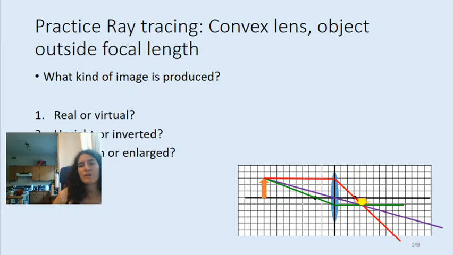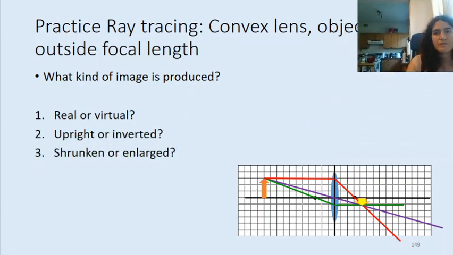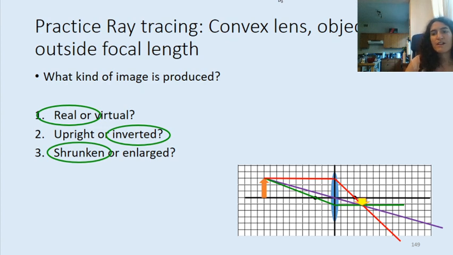Okay, so now I'm using those 3 light beams. And you can tell me now what kind of image is created. Is it real or virtual? So because it's made from real light beams, it's going to be real. Is it upright or inverted? It's inverted, right, so it's upside down. And then is it shrunken or enlarged?